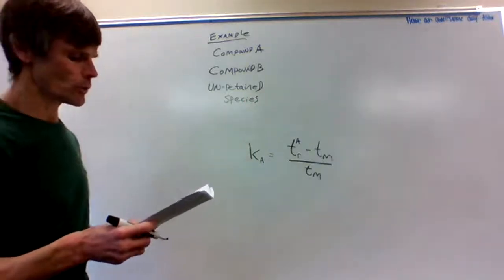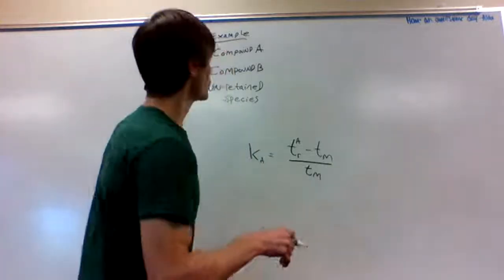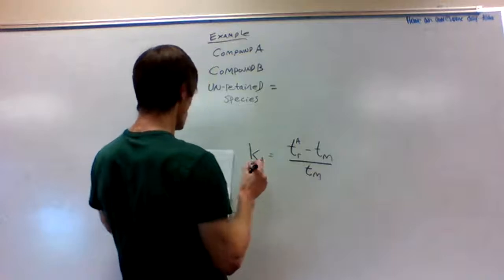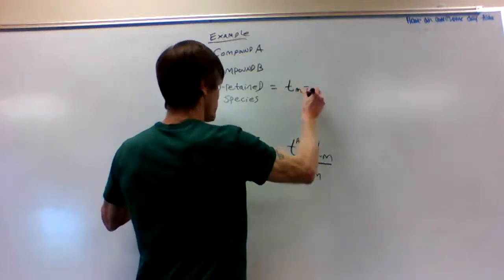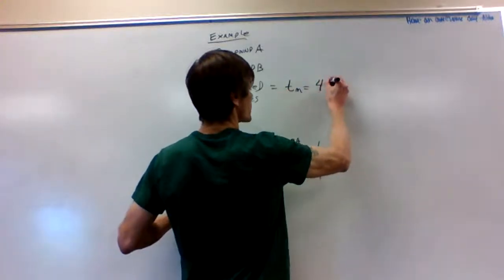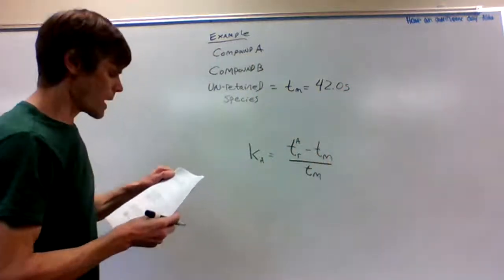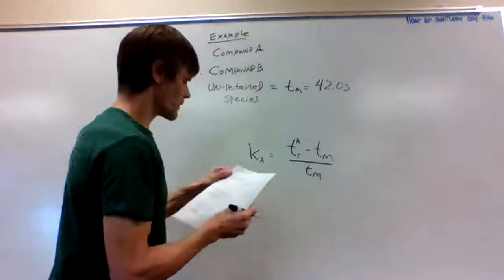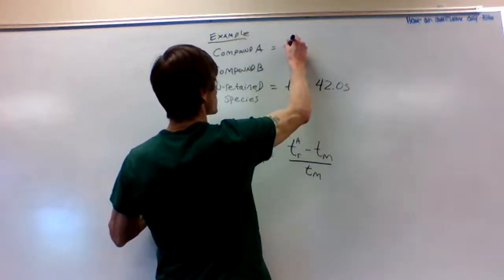And I'm giving you their retention times. So the unretained species has a retention time. We'll call this tM, 42 seconds. Compound A has a retention time of 251 seconds.